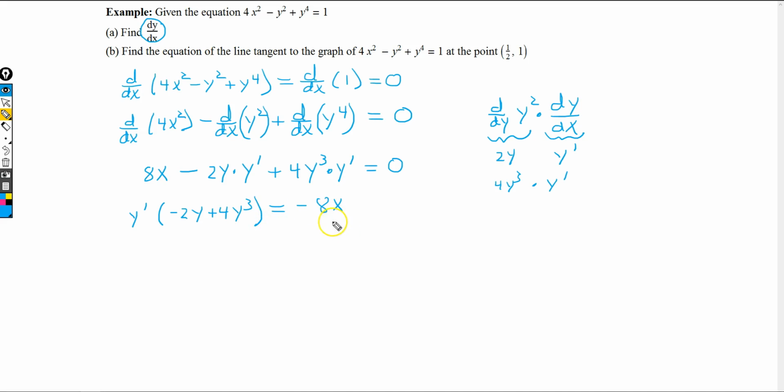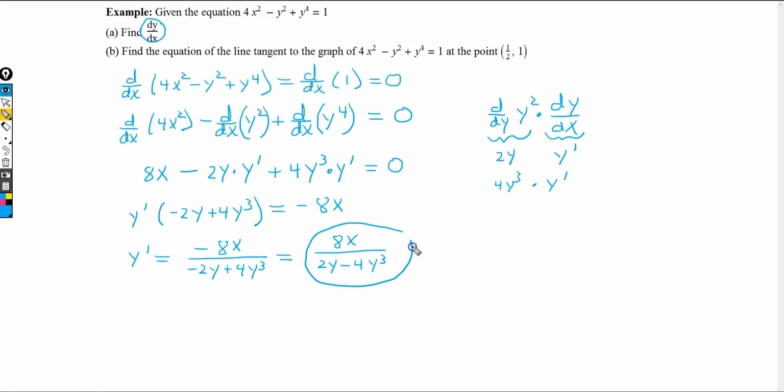Now let's just divide this to the other side, and we get, and we could clean that up just a little bit by taking this negative and putting it into the denominator. And there we go. There is dy/dx right there.